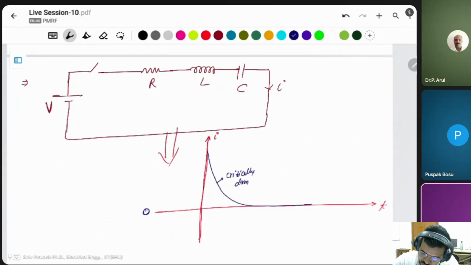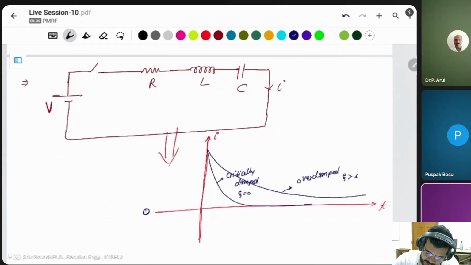It means zeta is equal to 1. Overdamped will take a long time to go to zero, zeta greater than 1.